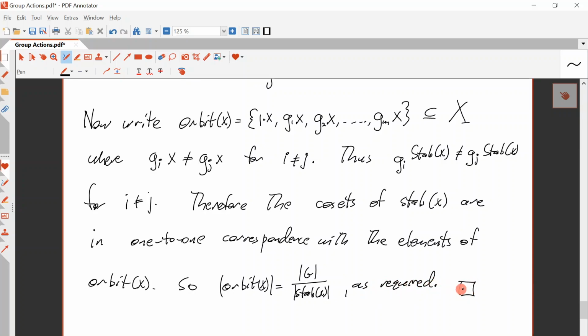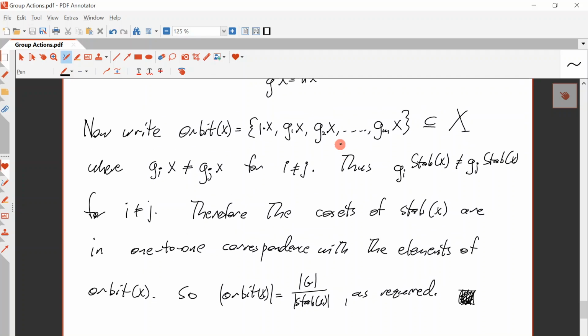Okay. Orbit stabilizer theorem. Very nice. So when I started graduate school, this was one of the first topics that really caught my attention, and I really liked it.